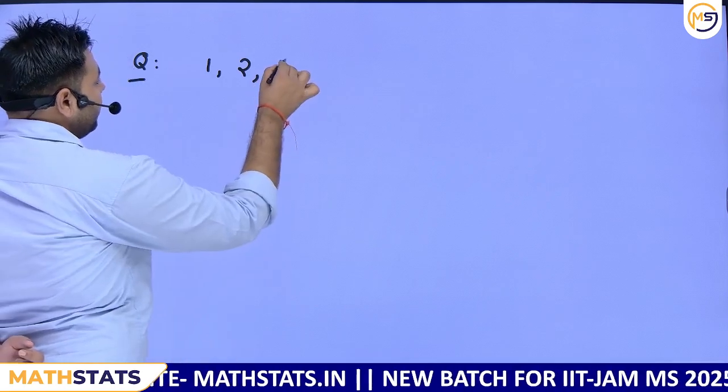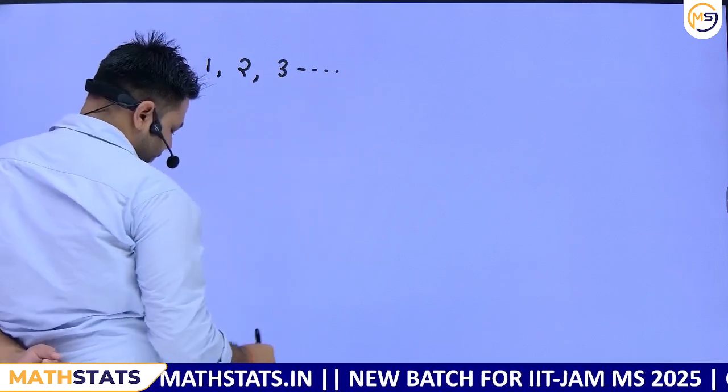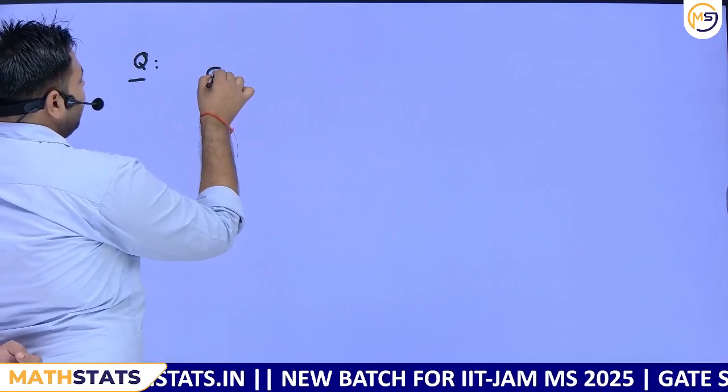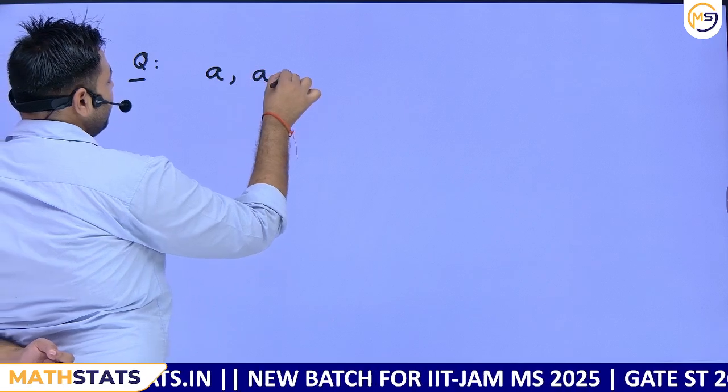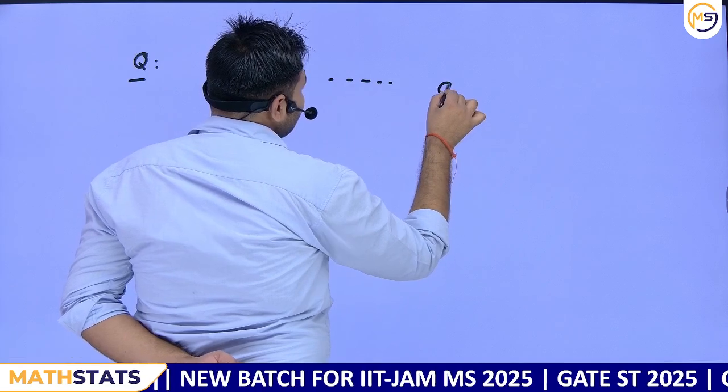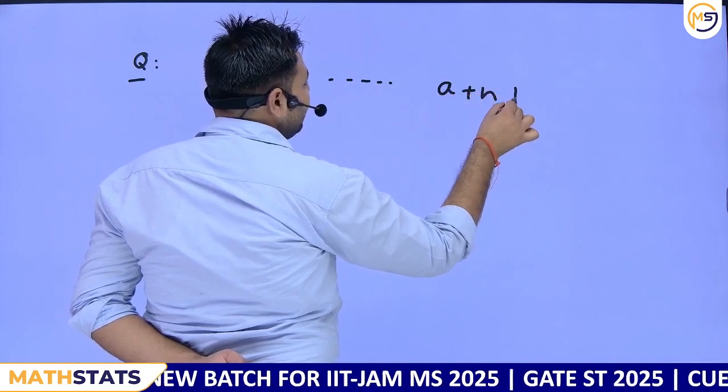1, 2, 3 and so on, a, a plus d, so on a plus nd, these are AP series.